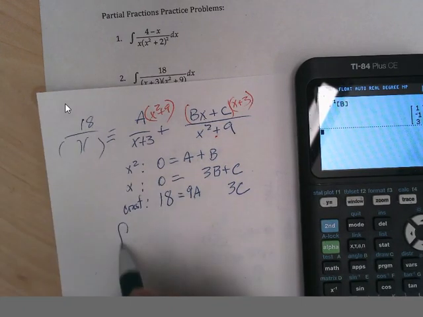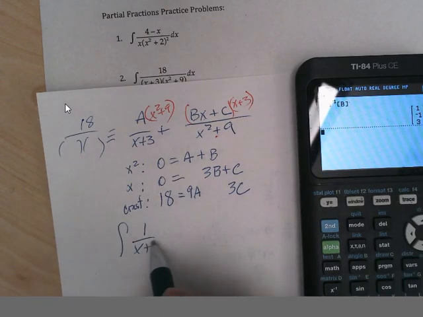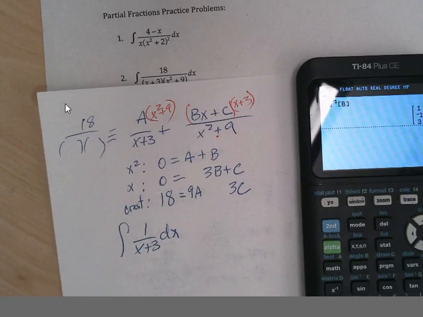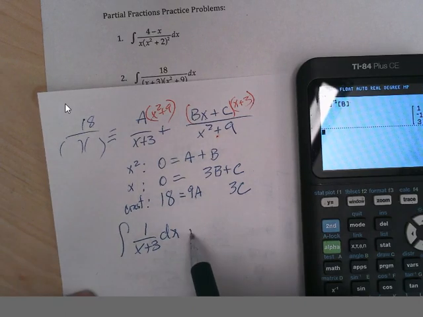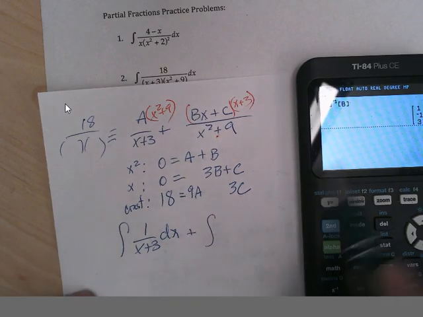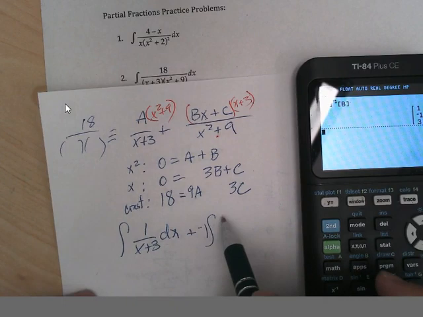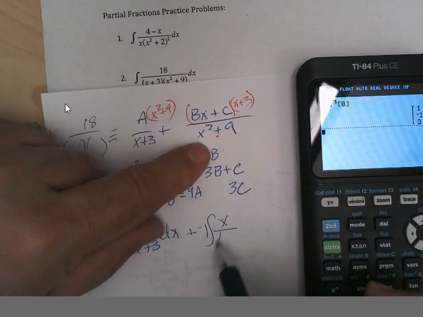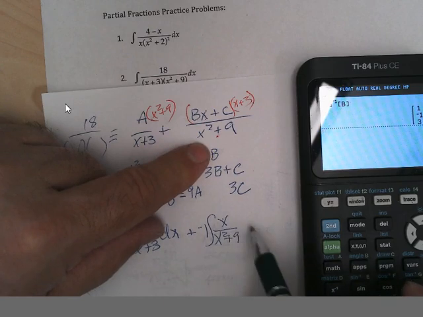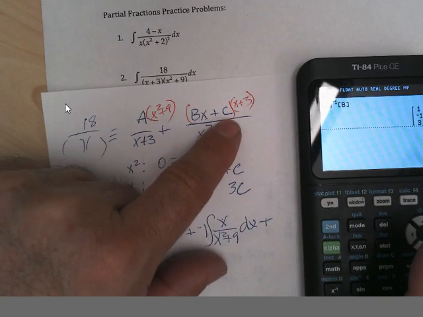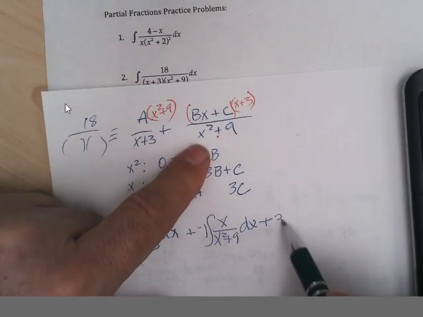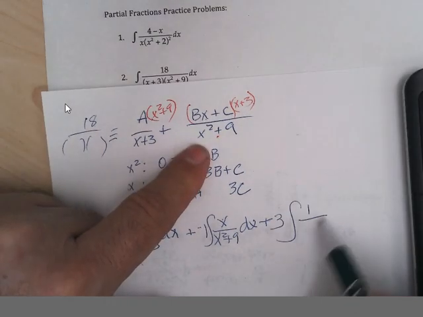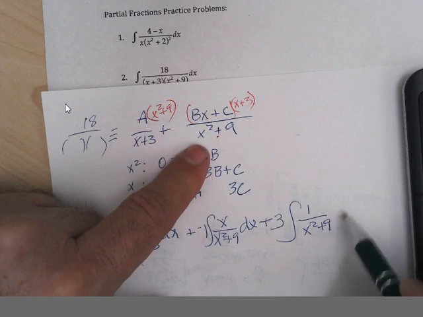the integral, A, 1 over x plus 3 dx plus -1 times x over x squared plus 9 plus 3 over x squared plus 9.